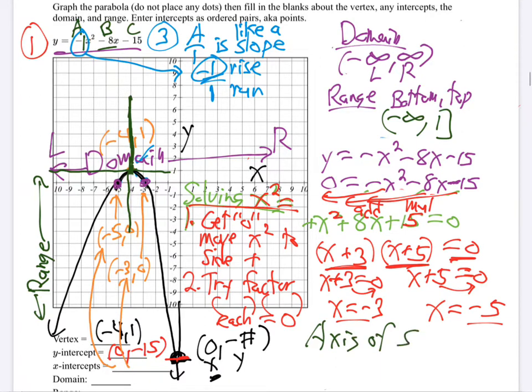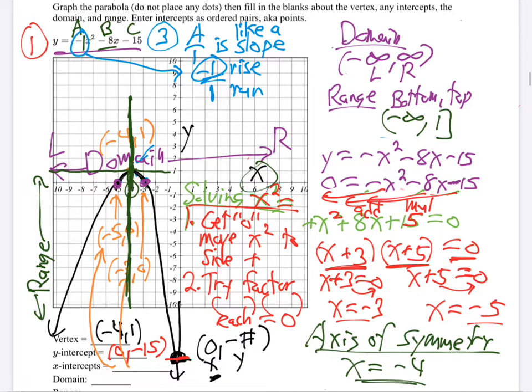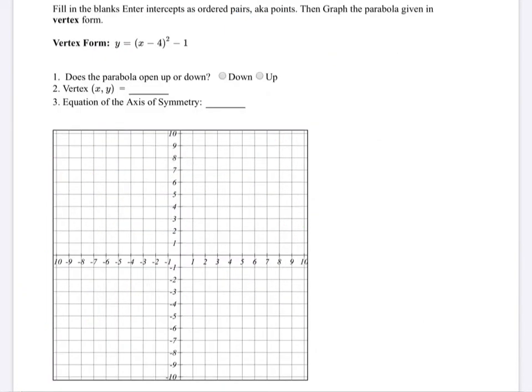The axis of symmetry is the symmetry line, the line that splits the graph. That's x equals -4 because it hits the x-axis right through the middle at -4. It splits right through the middle of the whole U-shape, the parabola, at x equals -4. It's just the x value of the center of the graph. There we go.